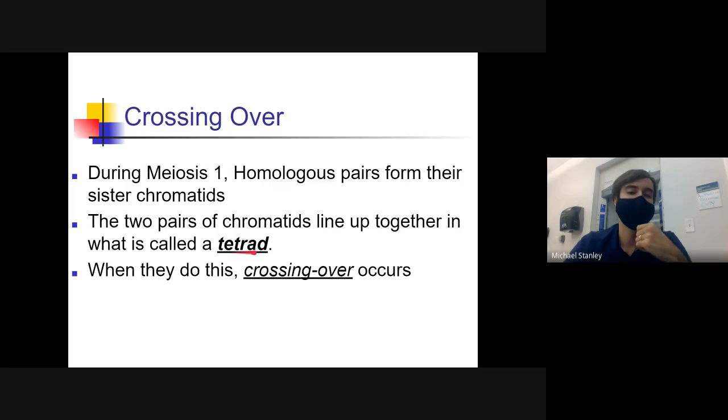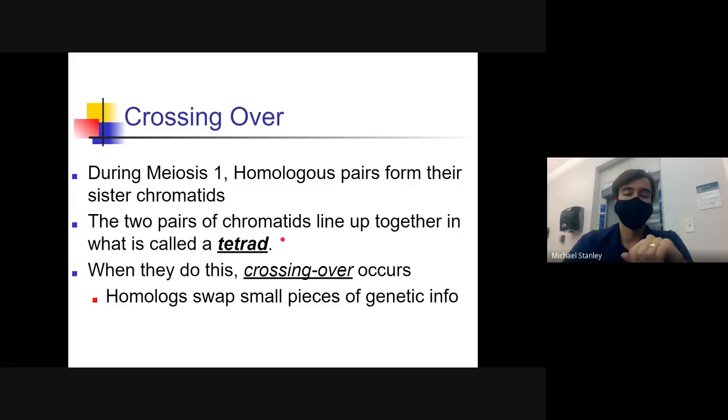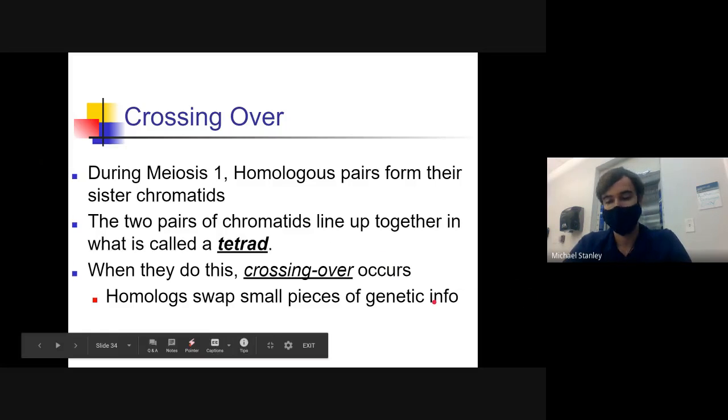And tetra is a prefix that means 4 sometimes. So we have the 2 chromosomes plus their 2 copies all lined up with each other. But when they line up, sometimes something weird happens and they accidentally swap sections of their DNA, of their genes.